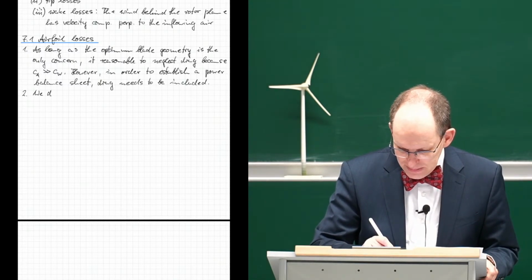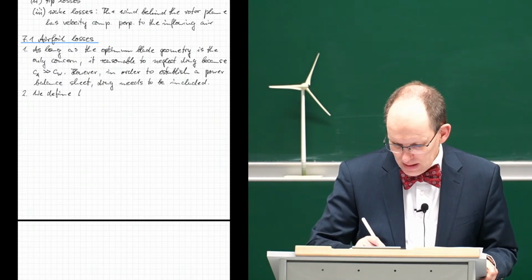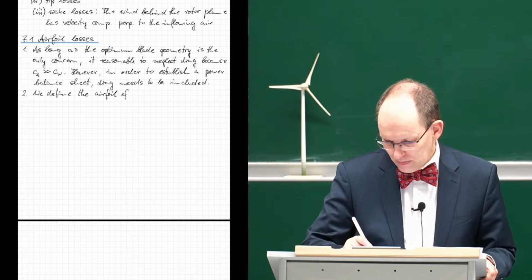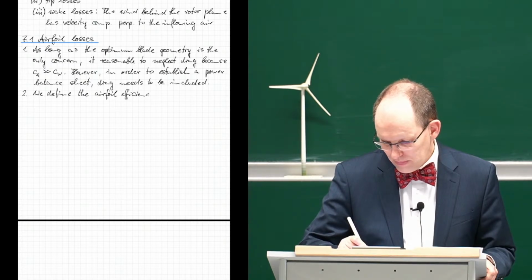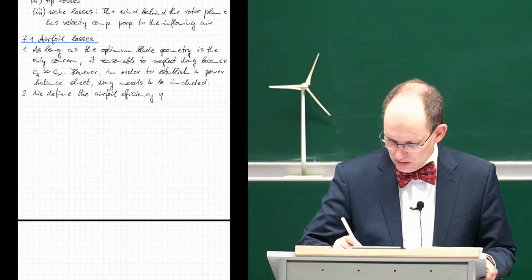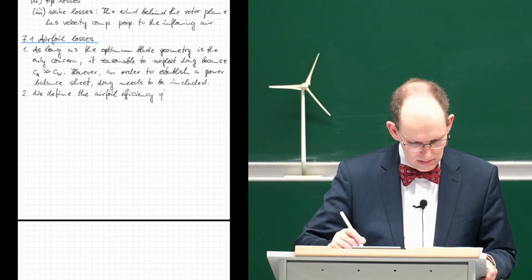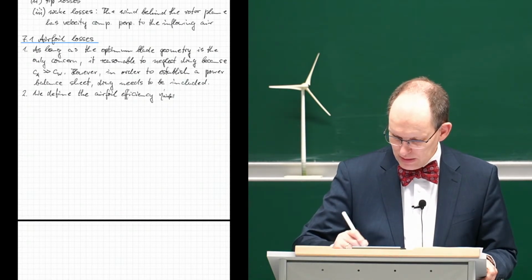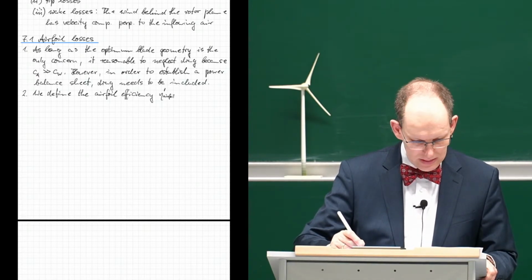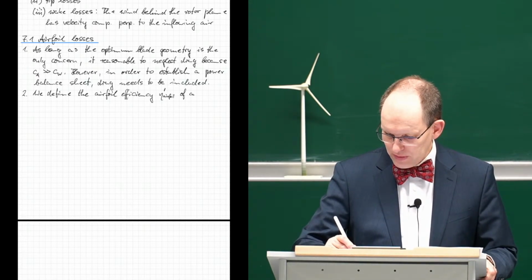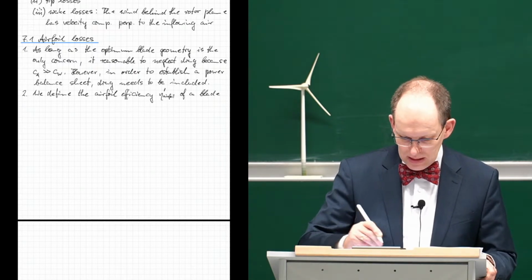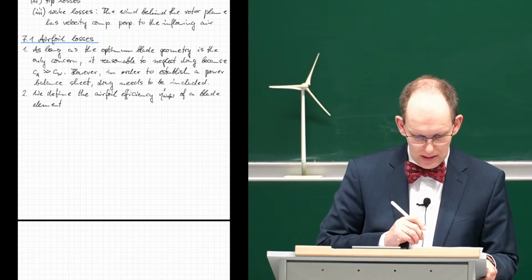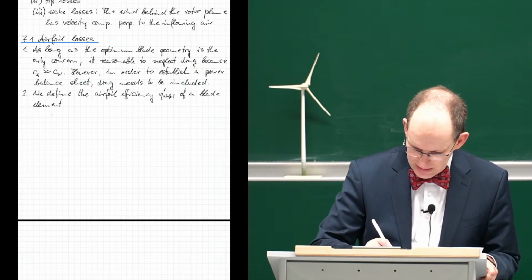So we define the airfoil efficiency. And we call it as usual eta. It also has a prime. I don't remember why it has a prime. So that's the airfoil efficiency of a blade element, and we do it as I just explained.